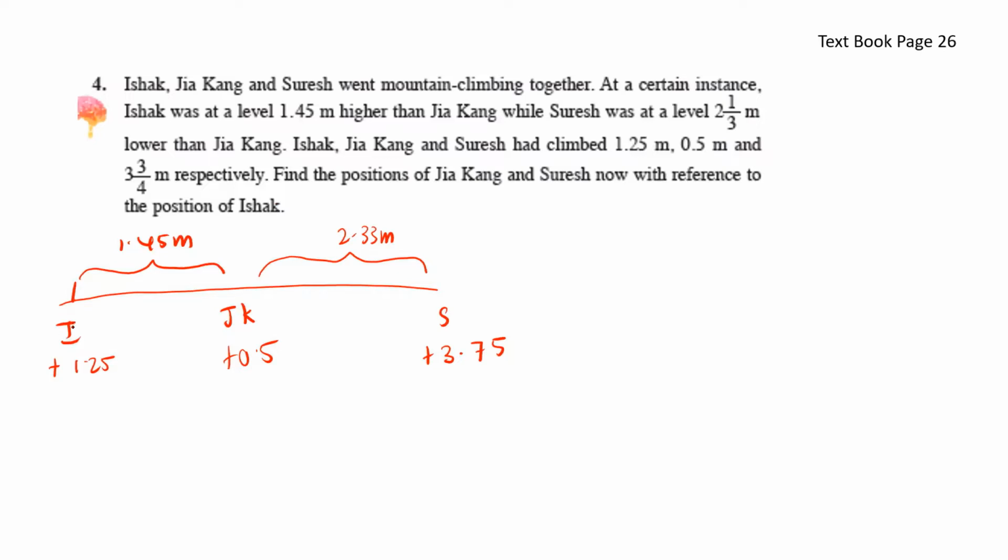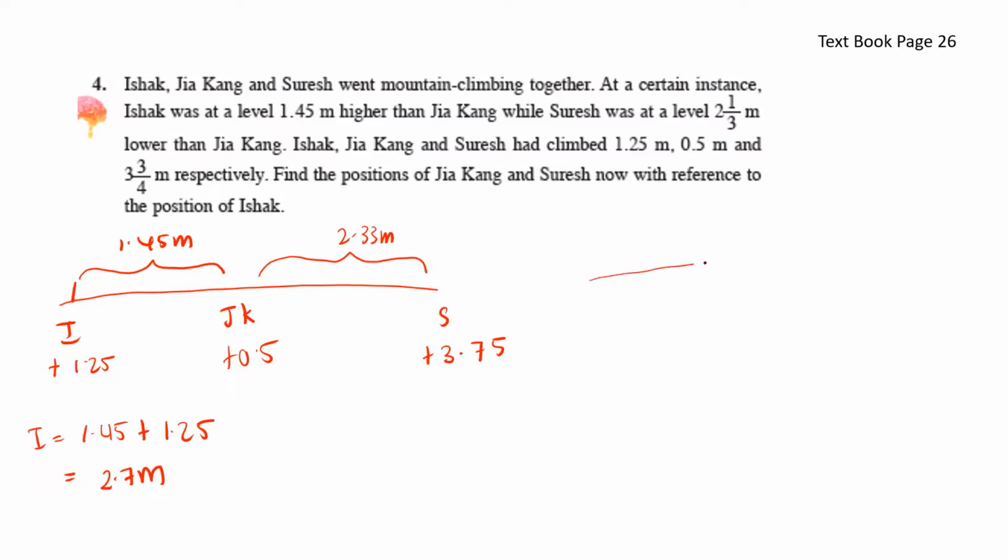Okay, so Ishak climbed 1.25. So that means 1.45. This is for Ishak. 1.45 plus 1.25. That will give us 2.7 meters. Okay, so Ishak is here.